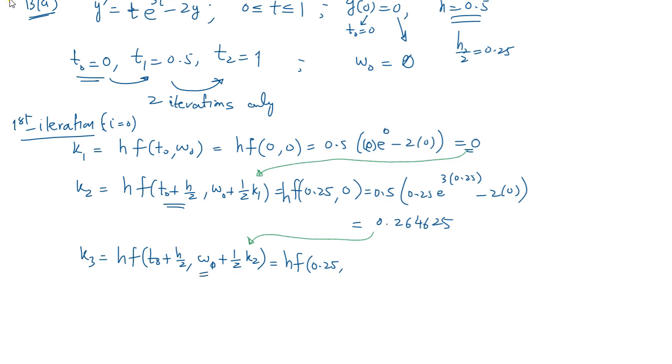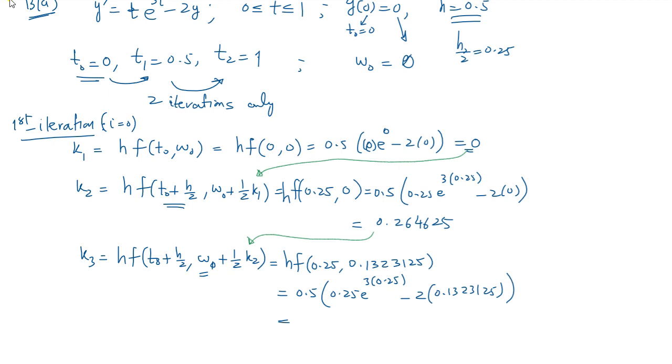So 0 plus K2 by 2. So the answer which is still on my calculator, I can divide this by 2. So that is 0.1323, and I will add W naught, but W naught is 0, so no need. So 0.1323125. Okay, so now this will become 0.5, 0.25 e to the power 3 into 0.25, 3t minus 2 into y is 0.1323125. Okay, so let's see what that is.